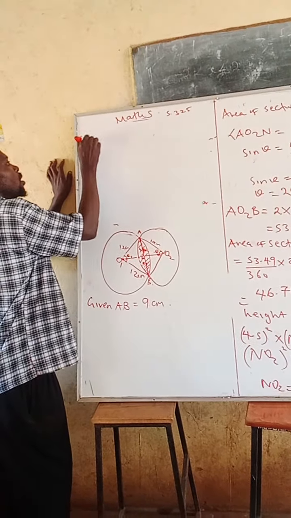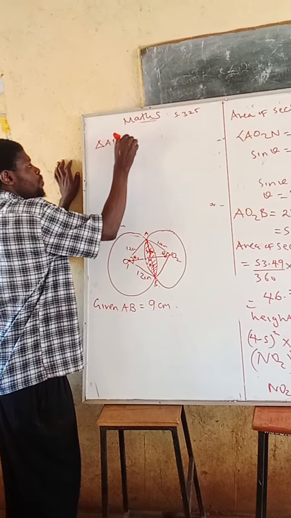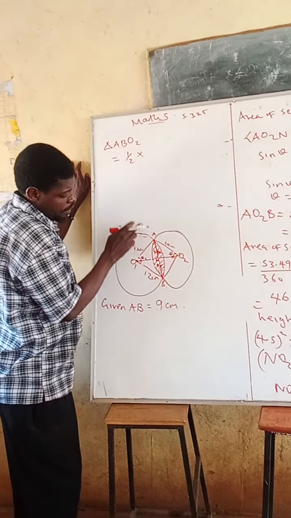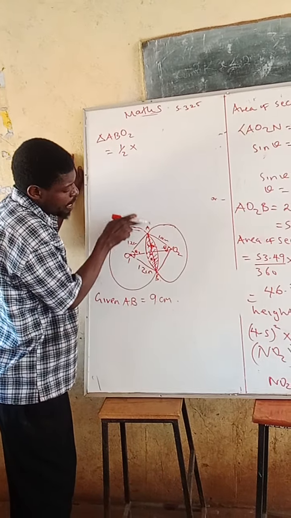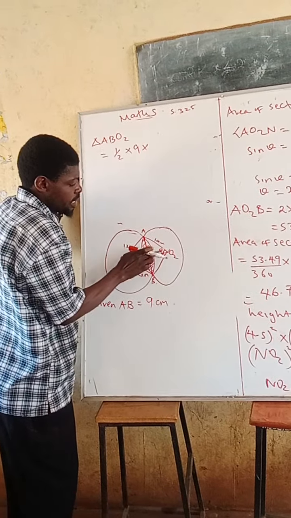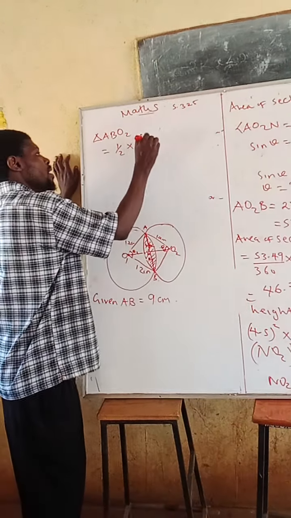Let us get now the area of triangle ABO2. Half base times height. Half base is half of AB, which is 9, times height. We have already gotten 8.93.